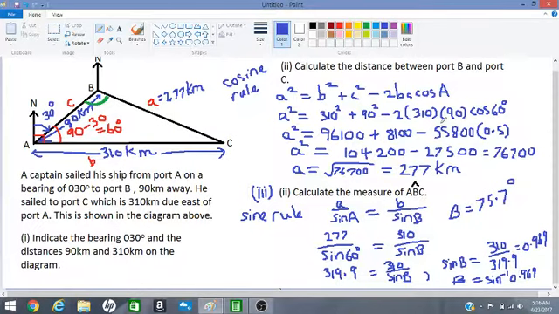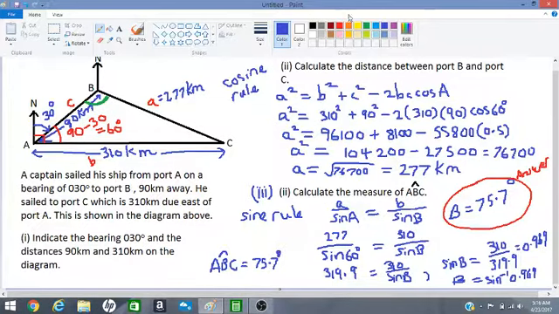Okay, so I'm putting the answer. This is our answer. Here we have our answer, and we can write it as angle ABC equals 75.7 degrees.